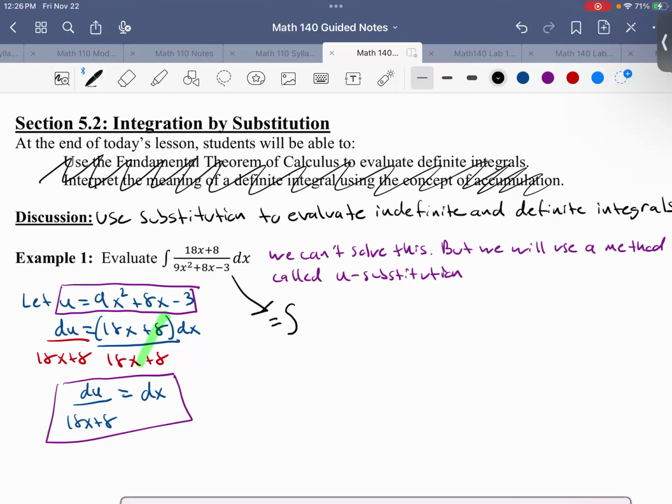What this equals is 18x plus 8 over 9x squared plus 8x minus 3, which is now u. So it's going to be over u, and then dx equals du over 18x plus 8.